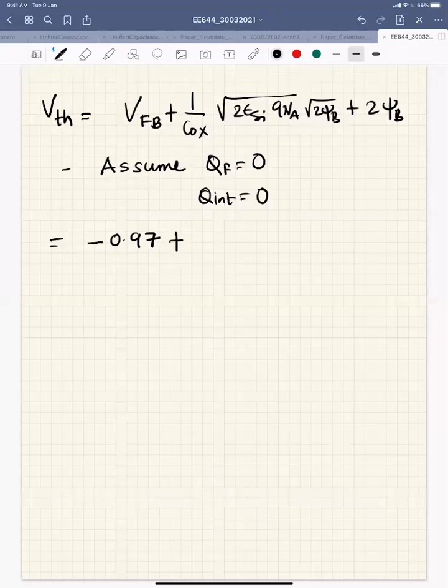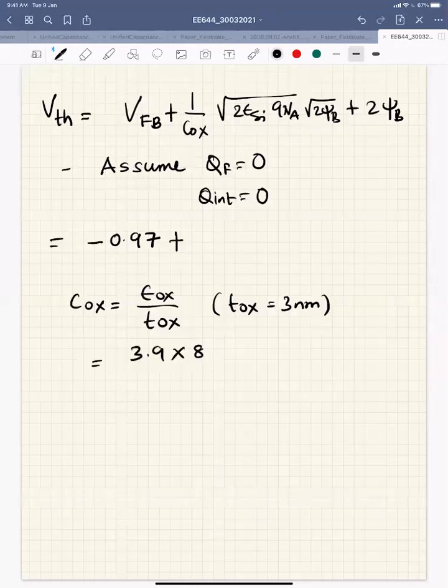Then if you calculate this, I had done this calculation. Let's say Cox equals epsilon ox by Tox, assuming Tox to be 3 nanometer. You could calculate this: 3.9 times 8.854 times 10 to the minus 14 farad per centimeter, divided by 3 times 10 to the minus 7. This is how we calculate Cox.